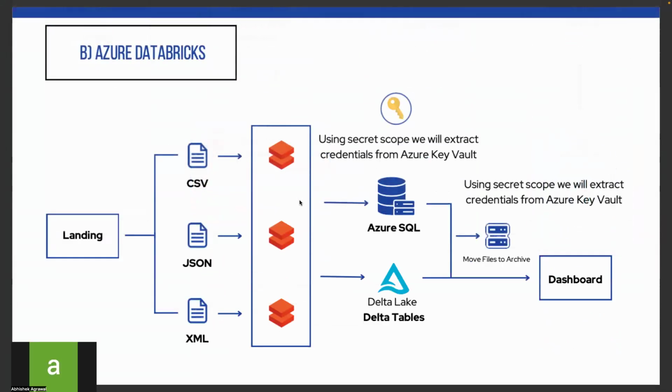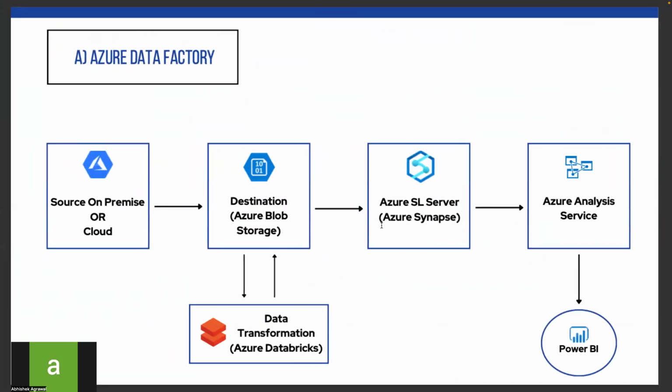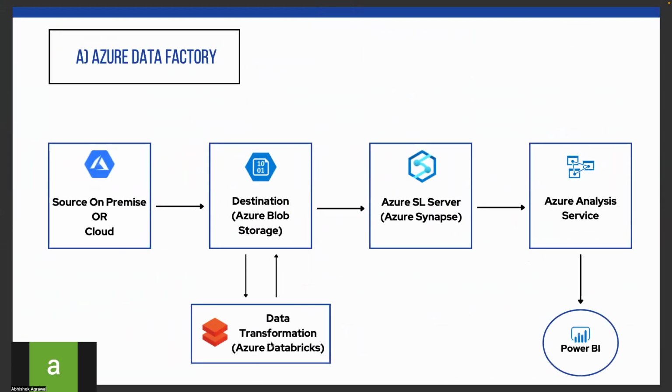So over here, if you see, we are getting the data in CSV, JSON, XML using Databricks. We are writing to a Delta table, which is again stored in the data lake, and then we are also writing to SQL Server. So either after transformation you can directly write here, or you can write here and then move. Both you can do. Okay.